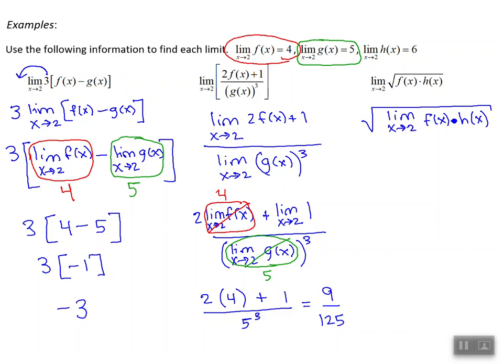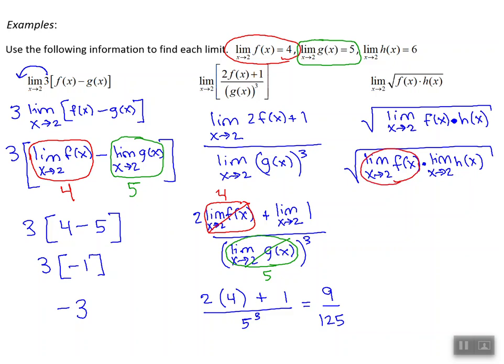Now, of course, using our product property, the limit of a product, we can also rewrite this as the square root of the limit as x approaches 2 of f of x times the limit as x approaches 2 of h of x. And then we can do our substitution.